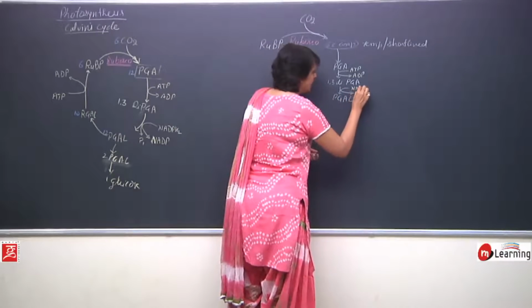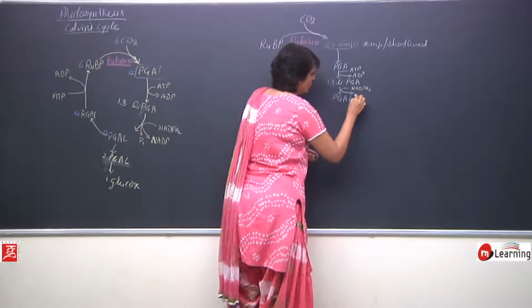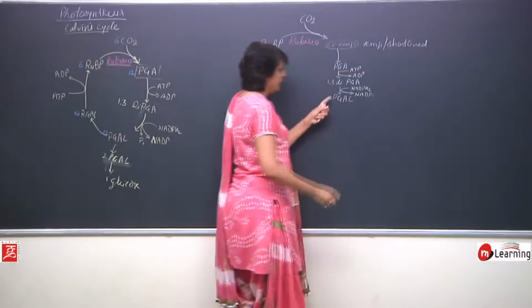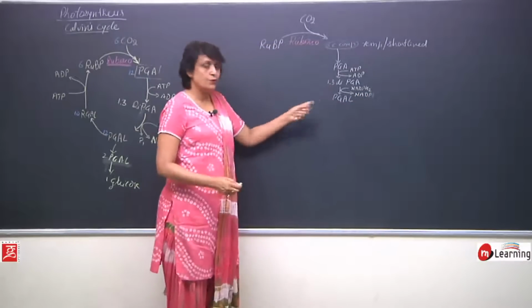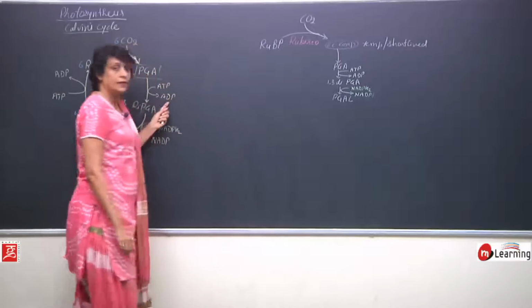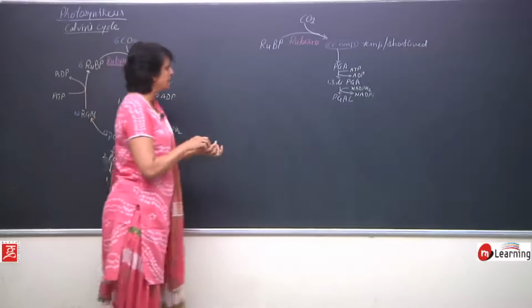So NADPH2 changes into NADP and acid gets reduced to aldehyde. So far is same as what we did in the simple version of Kelvin cycle.